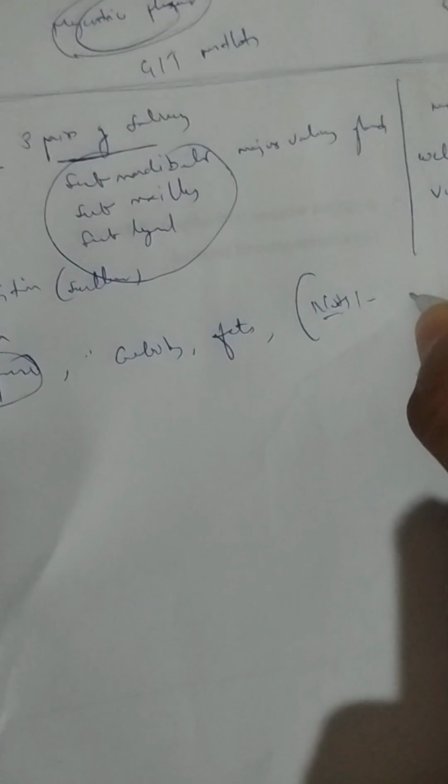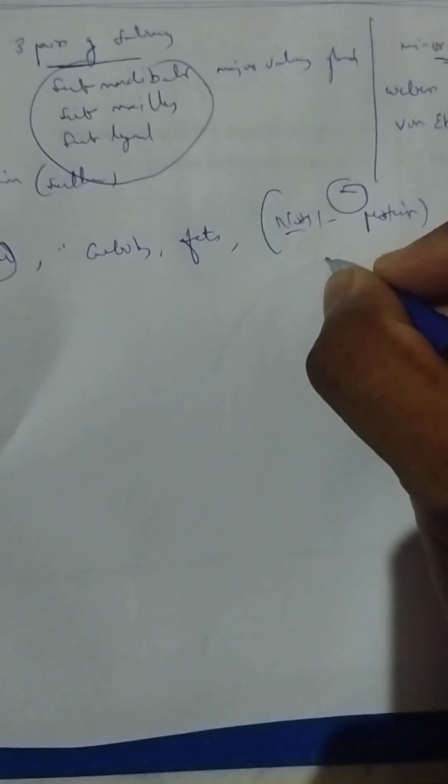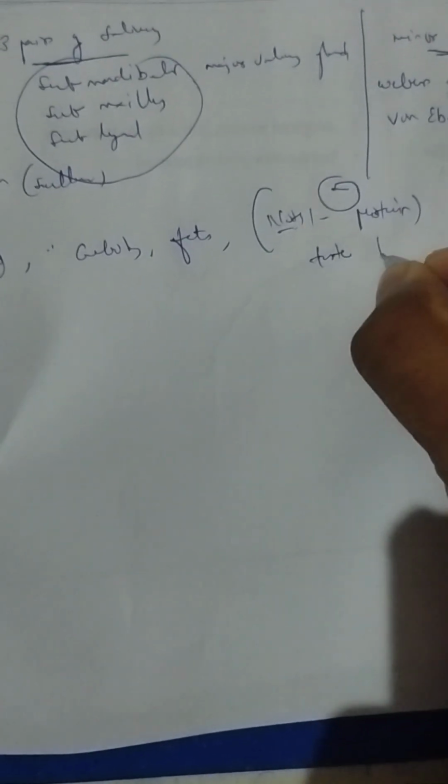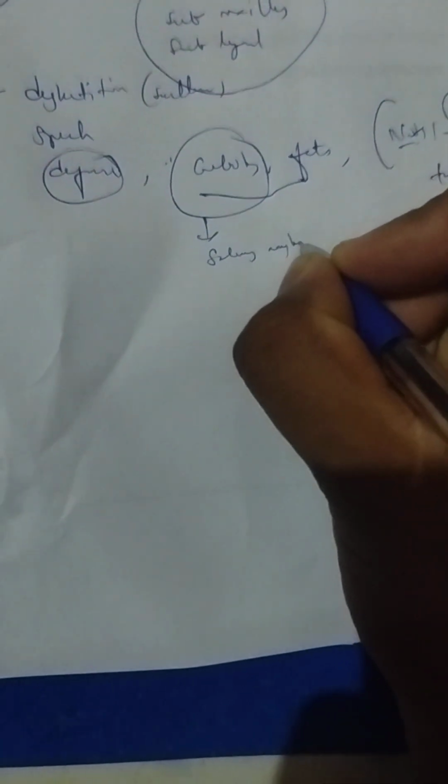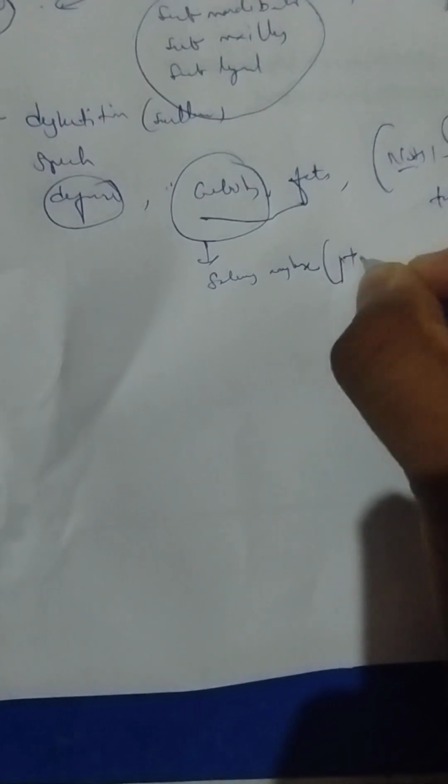Note, in saliva we don't have any enzyme for digestion of protein. That's the reason protein products always taste bland. The carbohydrate digesting enzyme is salivary amylase, also known as ptyalin. For fats, lingual lipase.